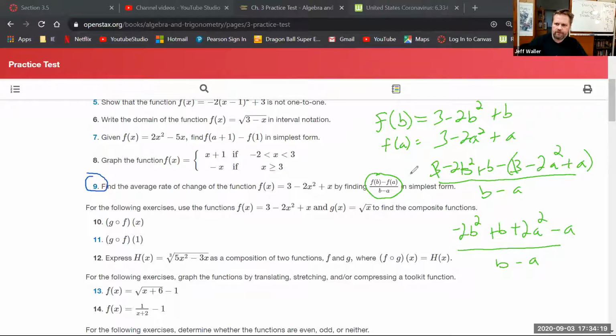So f of b, f of a, I subtracted them. You have, and this is a line I drew because the 3's cancel. 3 minus 3, and then the negative has to go through, and the negative has to go through. Okay, so that's just some preliminary little hurdles to get over. Here's something you could do. Do you see something very related to this on top?